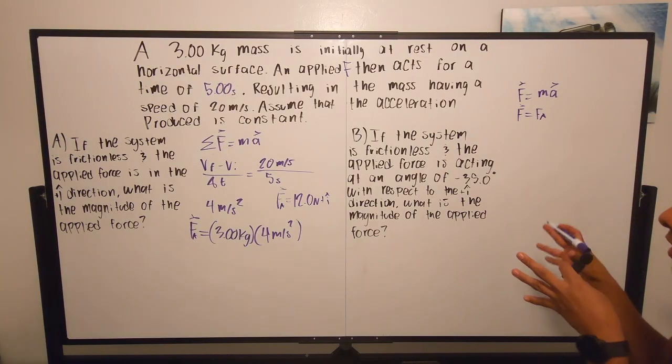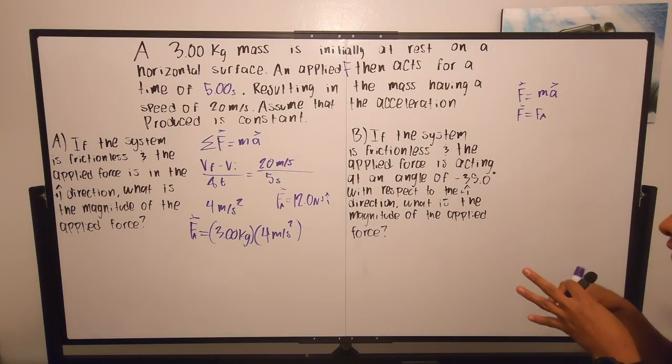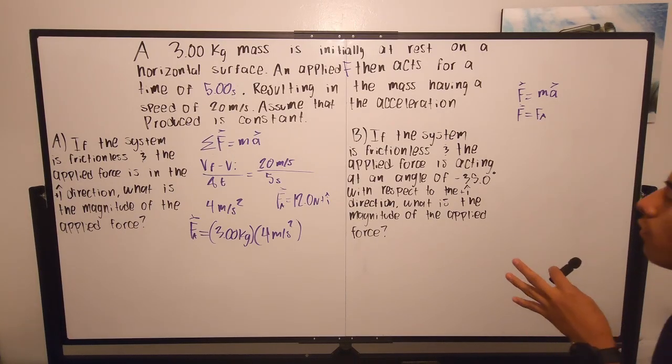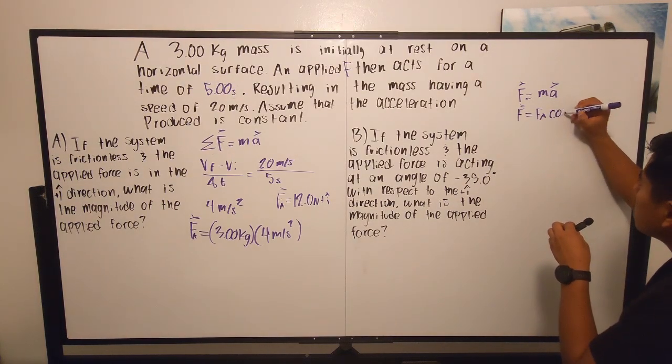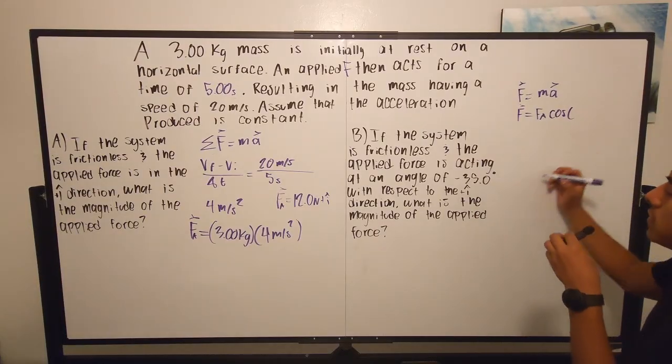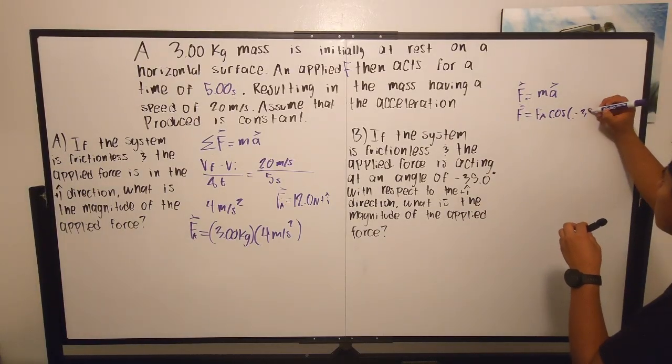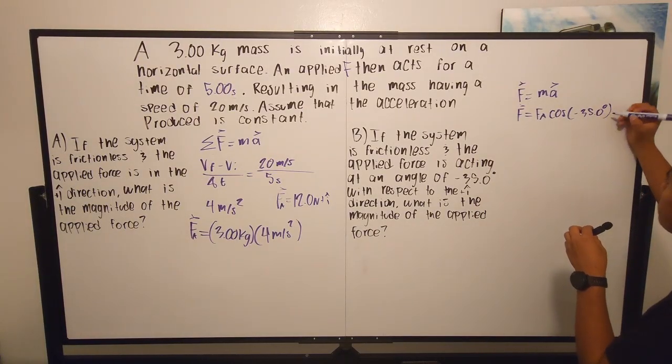In this problem, we don't care about the vertical component. We only care about the horizontal component. So it's going to be F_A cosine of this angle, which is negative 35 degrees.